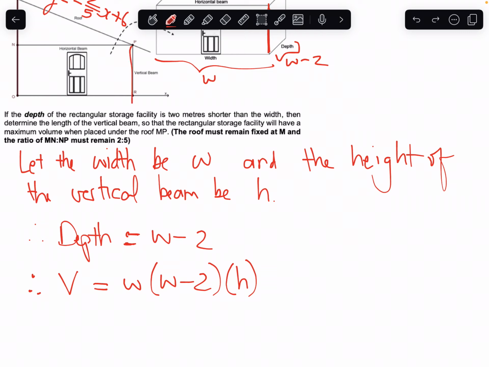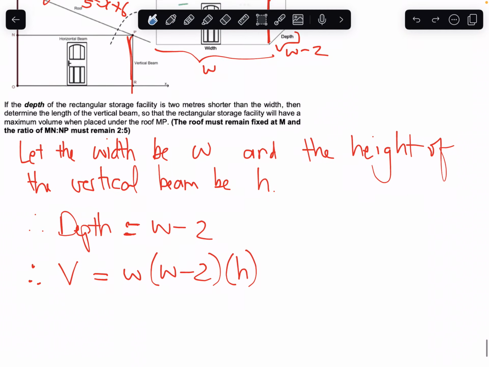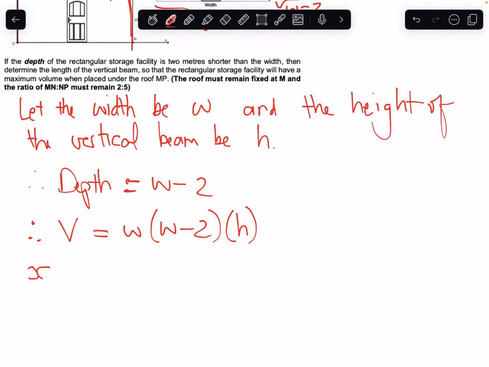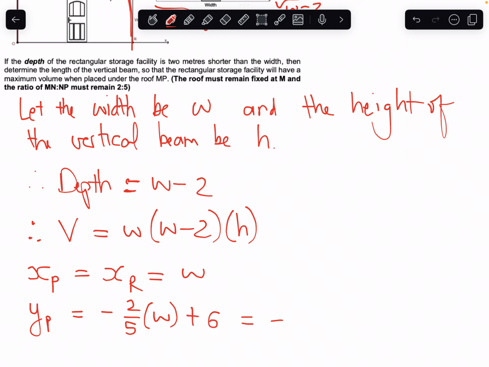Because we know that this is a vertical beam, the x coordinate of R is the same as the x coordinate of P, and because the x coordinate of R is W, whatever width we've chosen, the x coordinate of P is also going to be W. So the y coordinate of P is going to be negative 2/5 times W plus 6, the equation of that roof line. So negative 2/5 W plus 6.